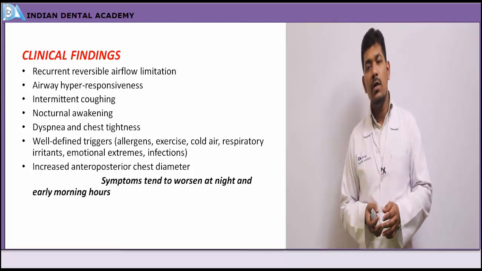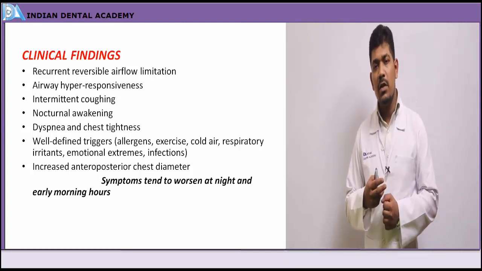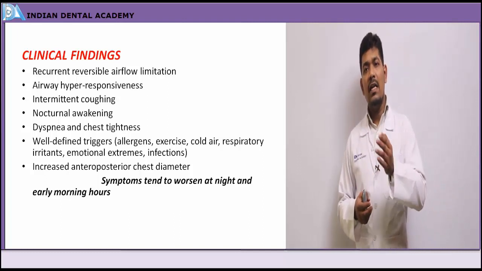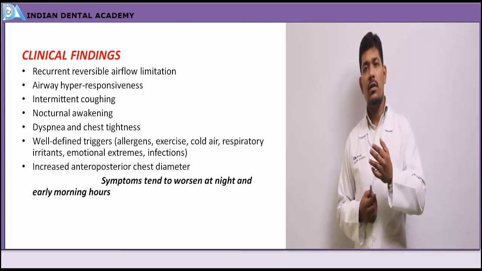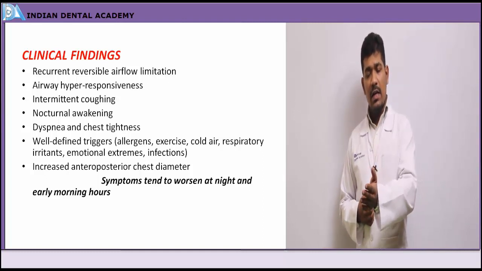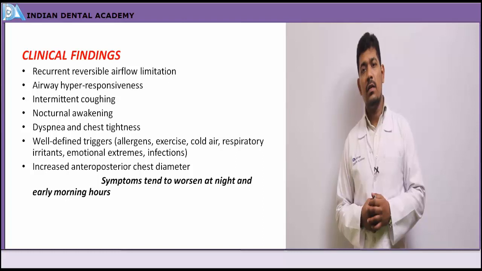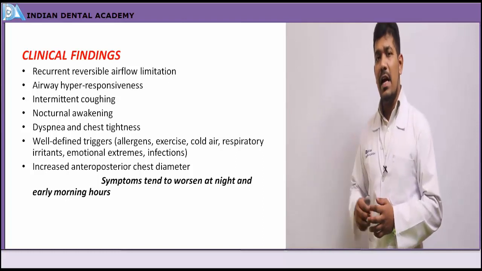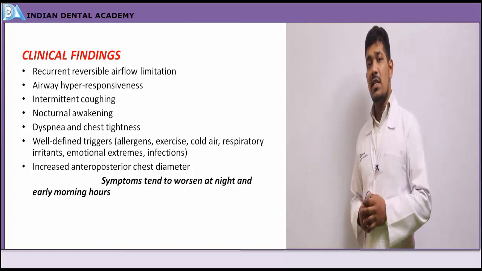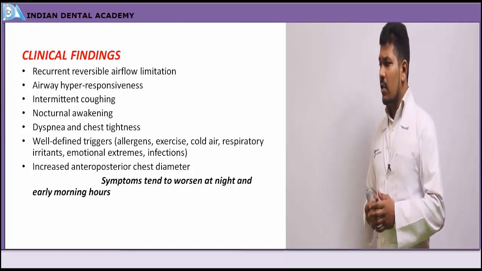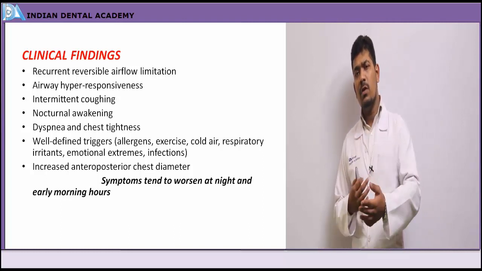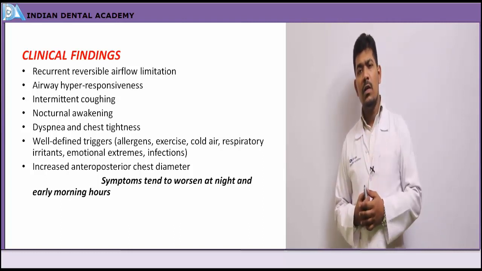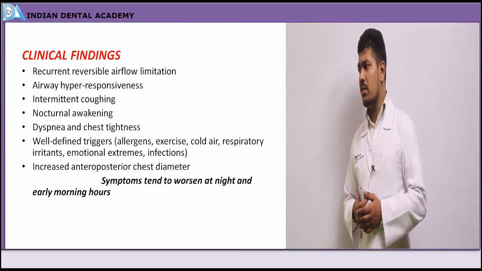This instigates the body to respond to any foreign allergen or irritant which enters the airway passage. So there is airway hyperresponsiveness in patients, especially with chronic asthma, and there is intermittent coughing to expel the foreign objects.